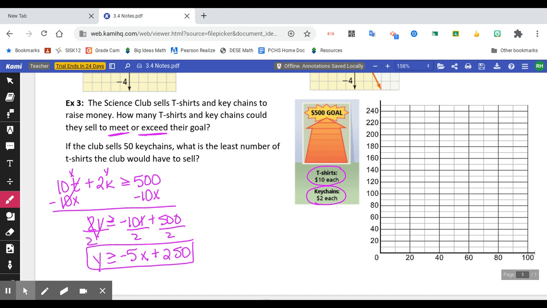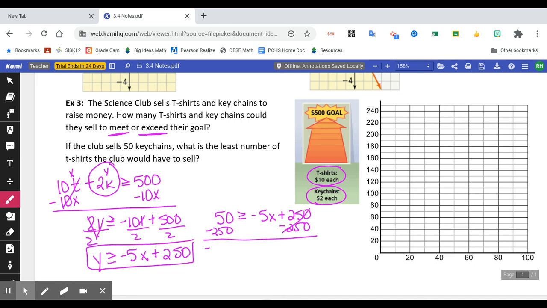Now it says if the club sells 50 keychains, what is the least number of t-shirts the club would have to sell? So keychains, as we said here, is your Y. So if I plug in 50 for my Y value, we need to solve for the X value, which is t-shirts. So I'm going to subtract 250 from both sides.